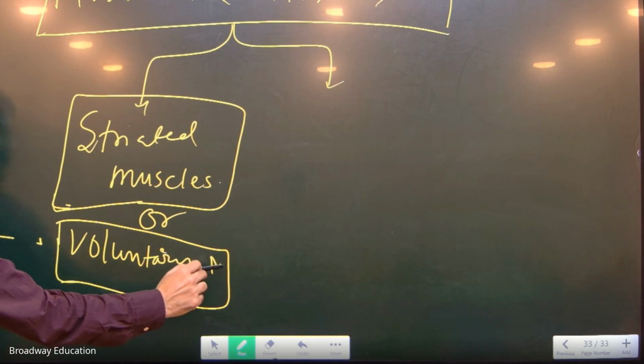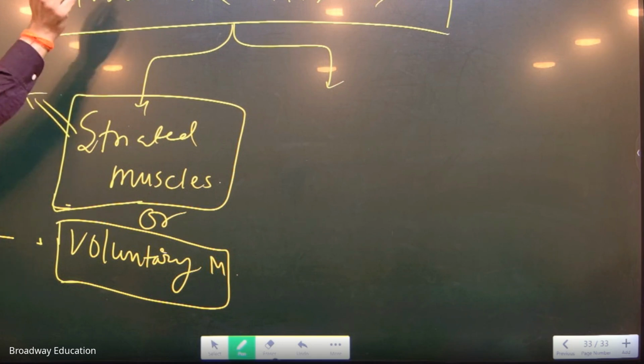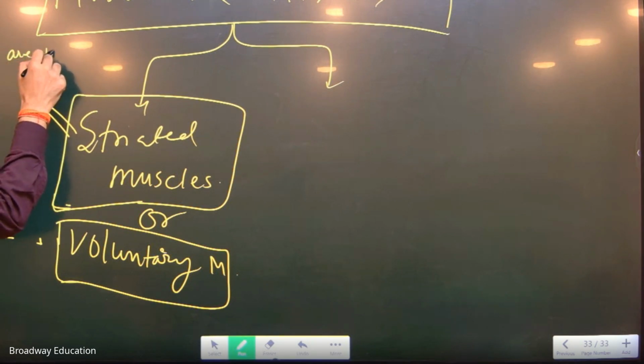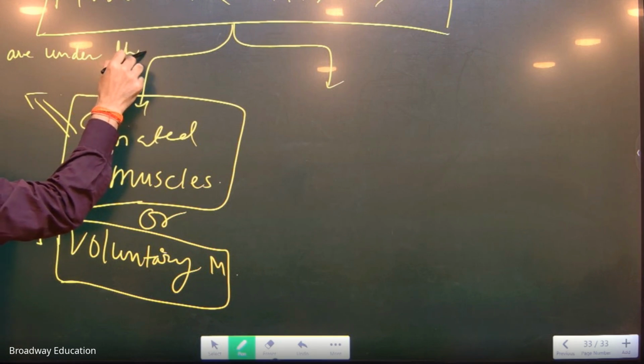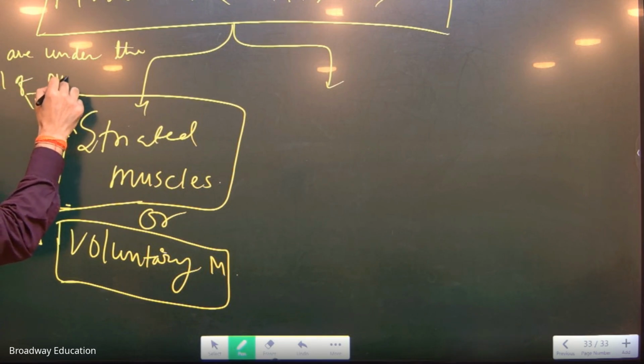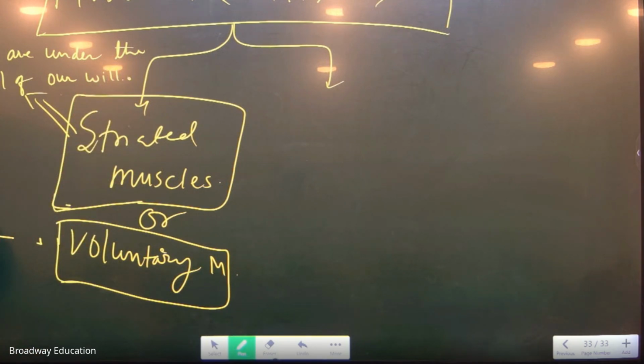That means they are under the control of our will. Example: biceps, triceps, etc.